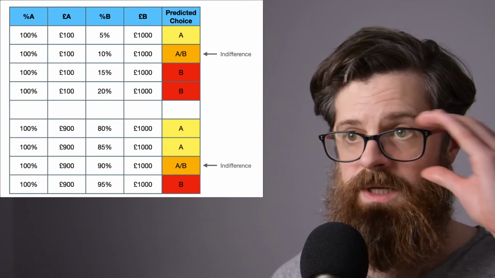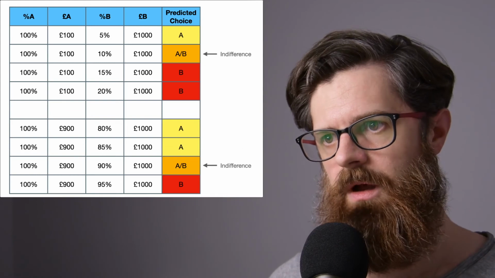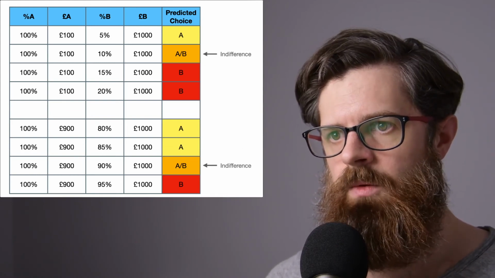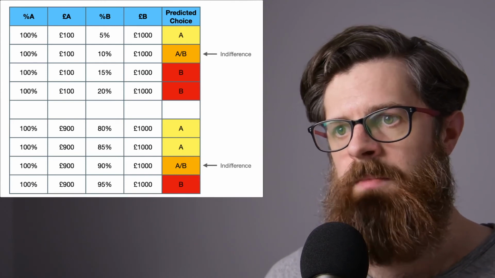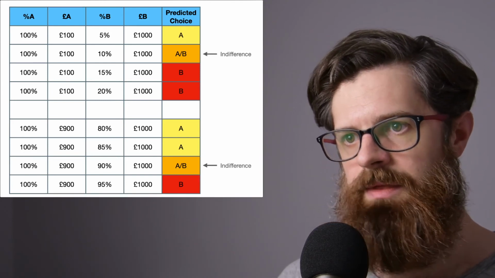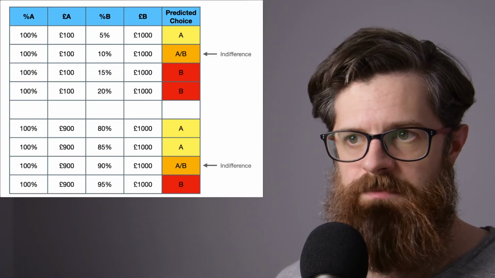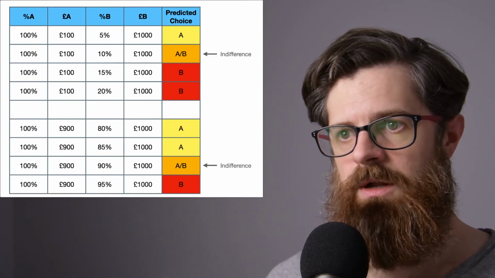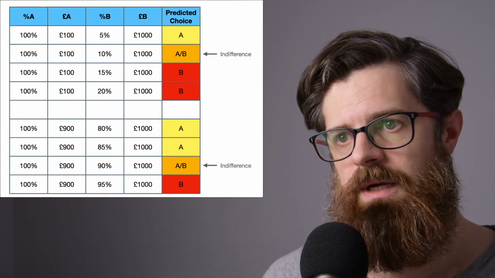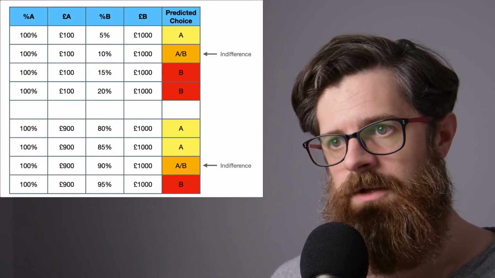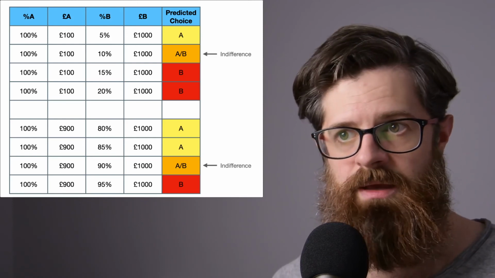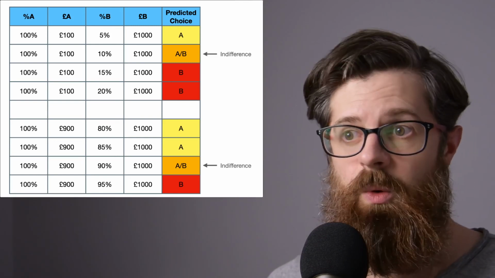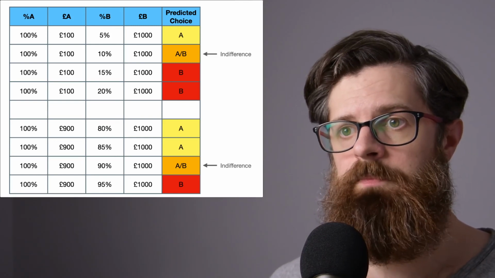And what we can see here is if we just start with the second from bottom line, the penultimate row here, what we can see is that someone behaving according to expected value theory would be indifferent between £900 for sure or 90% chance of £1,000. And again, that's just because 90% chance of winning 1,000 comes up to an expected value of 900, which is equal to the 900 for sure.